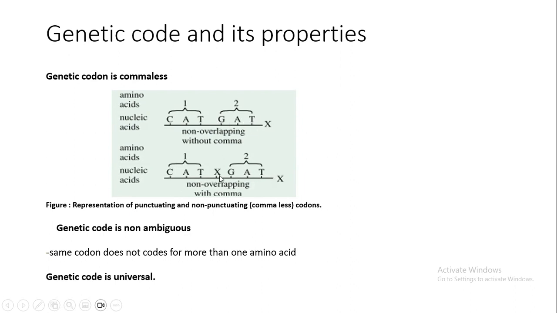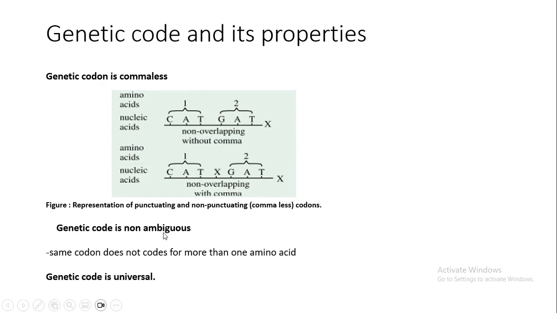Here is an example where a random base X is being used as a punctuation or an indicator of the end of the first codon and the beginning of the next codon. But this is never the case. We don't have any base that is used as a punctuation or comma to indicate the end of the first codon and the beginning of the next codon. So genetic code is commaless.